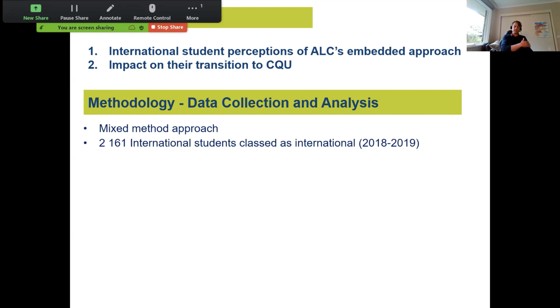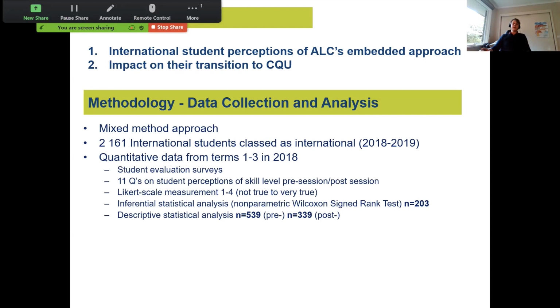We looked at the period from 2018 term 1 to 2019 term 3. We took all of the domestic students out of that cohort by visa status and identified 2,161 international students. For the quantitative part of the research, students do a student evaluation survey at the beginning of the unit, of the embedded session from the ALC, and again at the end of the session.